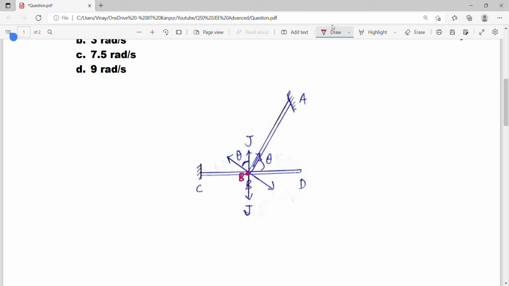AB is rotating with a certain omega, and CD is at rest. AB is colliding with CD. So the torque, or you can say the angular momentum applied by AB on CD, would be external to CD, and in any system if there is an external torque, you cannot apply conservation of angular momentum.